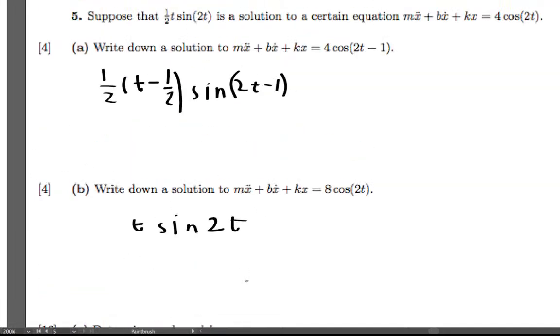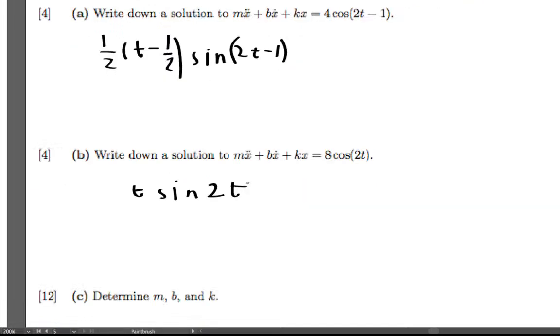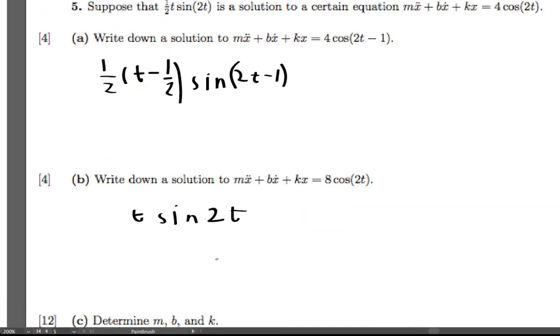Okay. This one you need to compute the entire thing. Where did I put my pen? Okay, figured it out. So okay, mx dot dot plus bx dot plus kx is 4 cosine 2t.